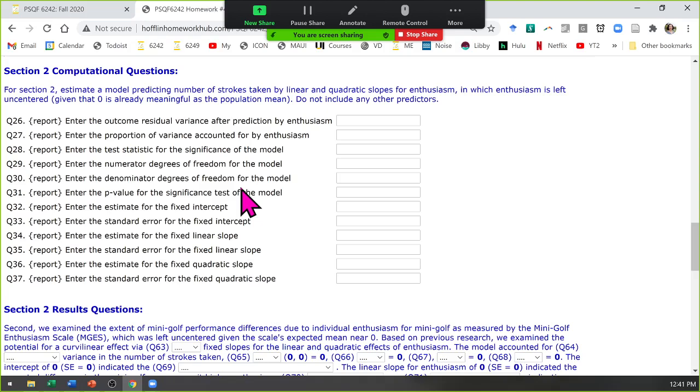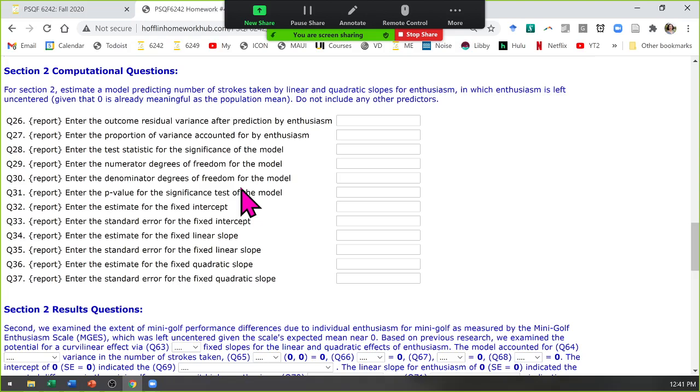When I say linear effect, that's just putting in enthusiasm as a predictor like you normally would. It's like the default version of a slope is a linear slope. And then do you remember how to get a quadratic version? In SAS, it's an asterisk between the two, and in Stata, it is a hashtag, depending on which generation you're from.